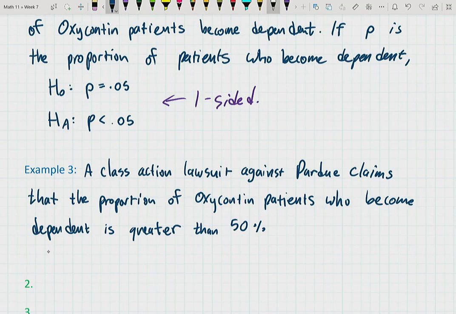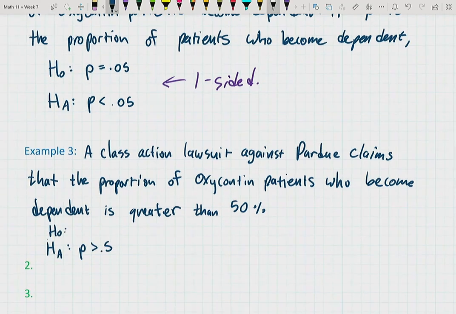So in this case, we're exploring the hypothesis that the proportion who become dependent is greater than 1/2. So contrast that with the null hypothesis that it's equal to 1/2.